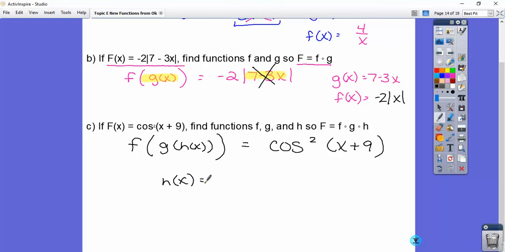If I put in a number for x, what's the very first thing you do? You add 9. So my h is x plus 9. G. So if I took out that x plus 9 and replace it with an x, what's the next thing you would do?